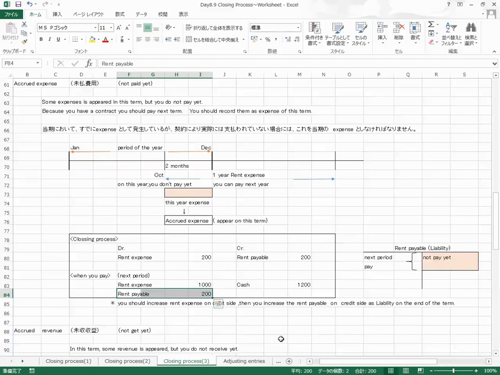So next term, we do not enter rent expense 1,200, but rent expense 1,000. That is this term's payment, and add rent payable.